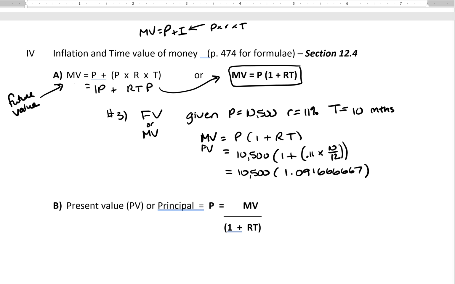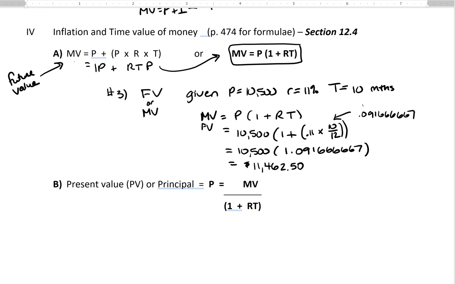So the 10 divided by 12 is a decimal of 0.09166666, on and on and on, 7. So when we multiply that all out, we get a total maturity value of 11,462.50.